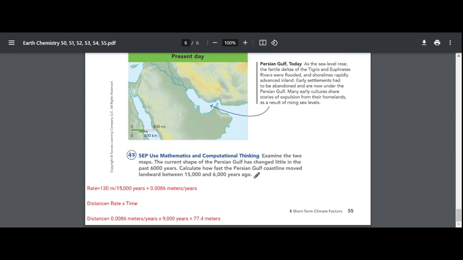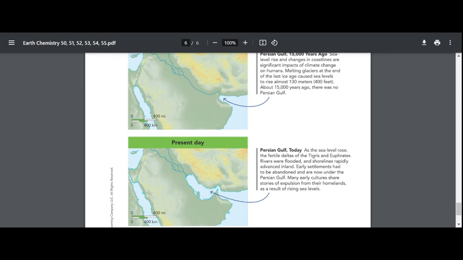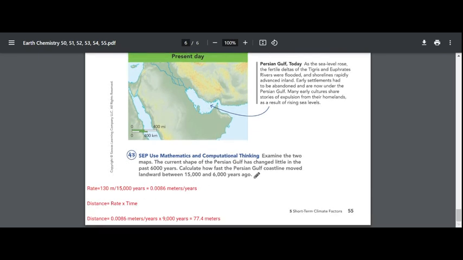So when we rearrange that, we get rate is equal to distance over time. Okay, the distance is 130 meters, as mentioned up here. This is where we're getting the 130 meters.